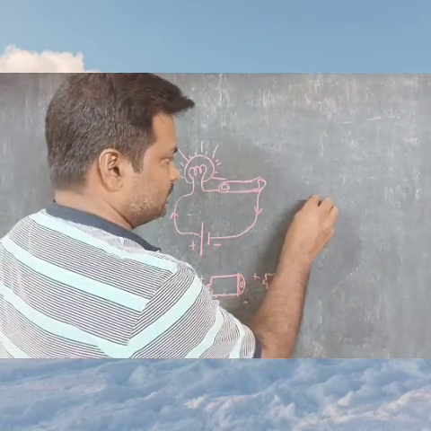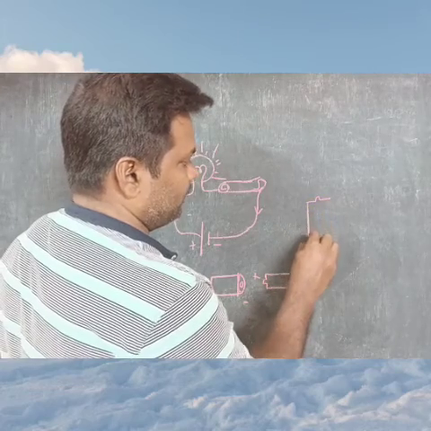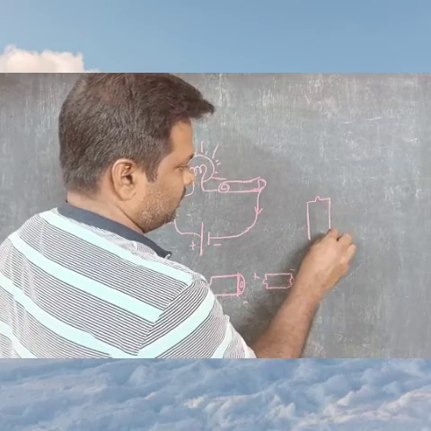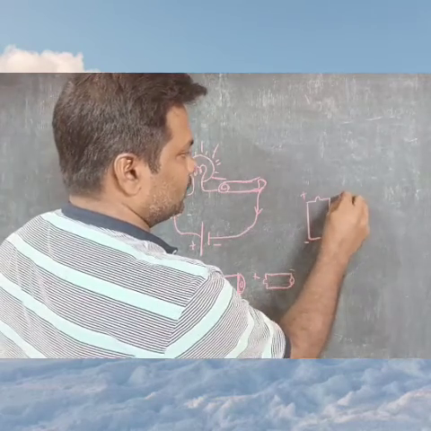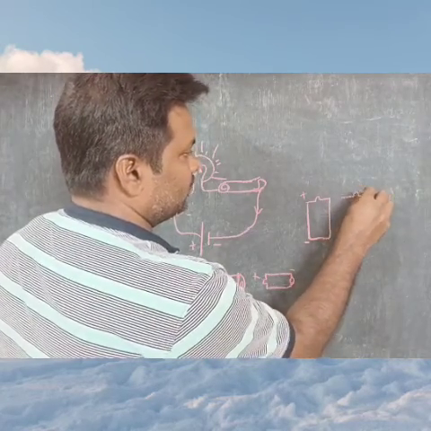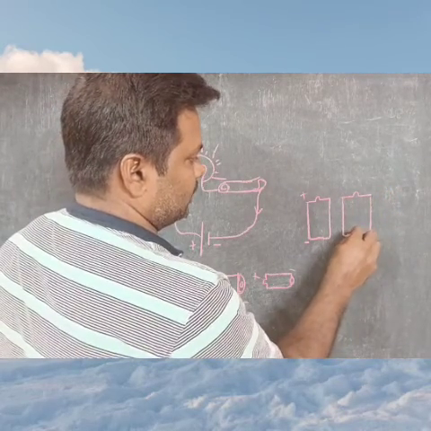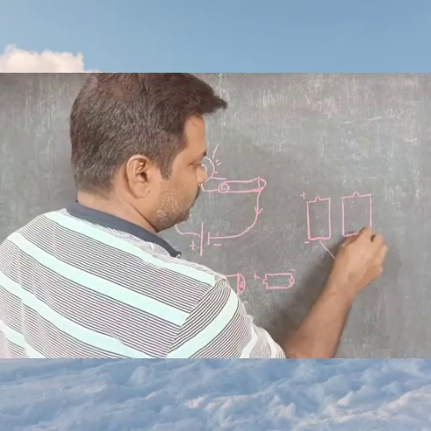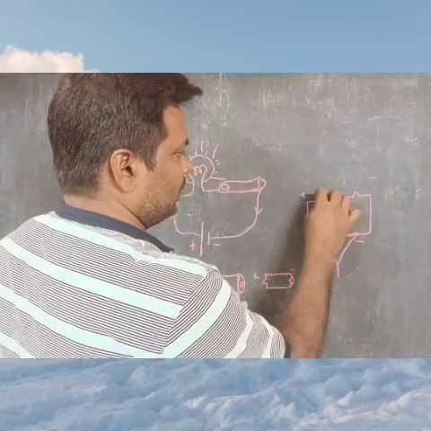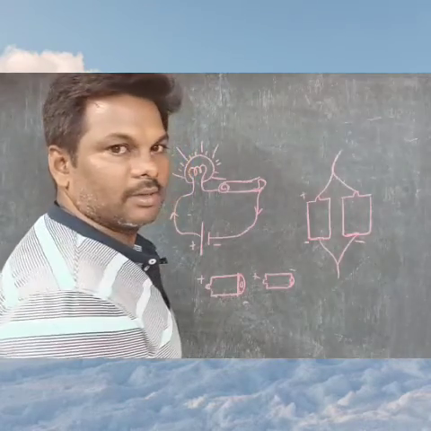Look, this is a positive terminal, the heel part of the battery in general, and this is the negative terminal. Here I can take one more battery, positive and negative. You can connect the two negative terminals and the two positive terminals with the help of connecting wires.